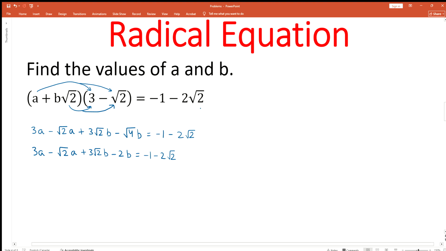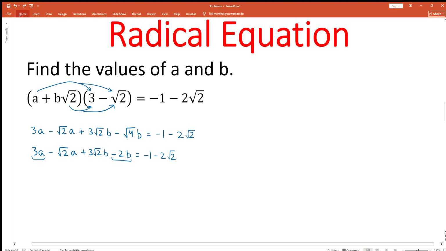On the right side of the equation, we have integer term negative 1. It is a non-radical term. There is no radical with negative 1. And there is a radical term negative 2 square root 2. So we should rearrange the terms on the left side of the equation. We can gather the non-radical terms 3a and negative 2b.